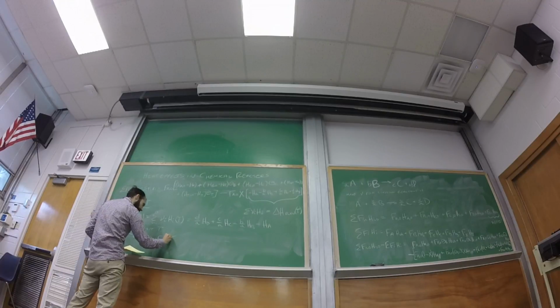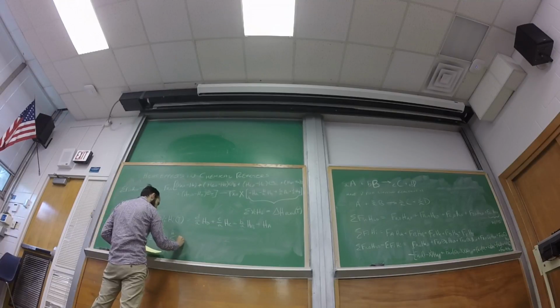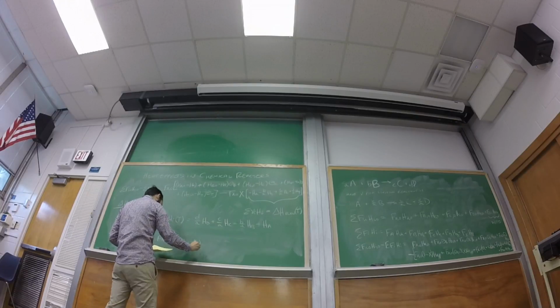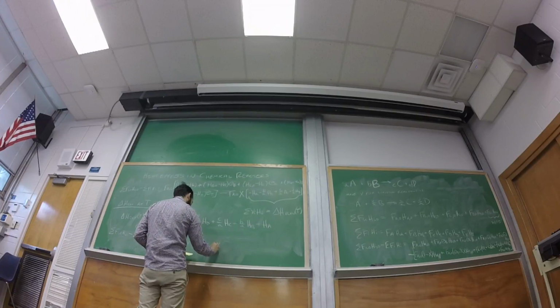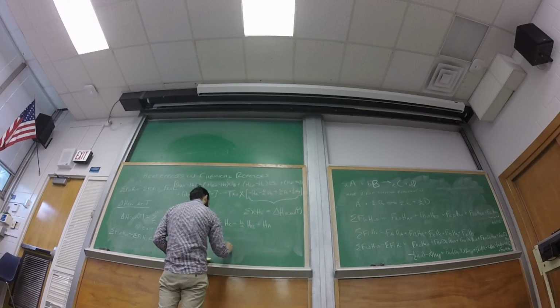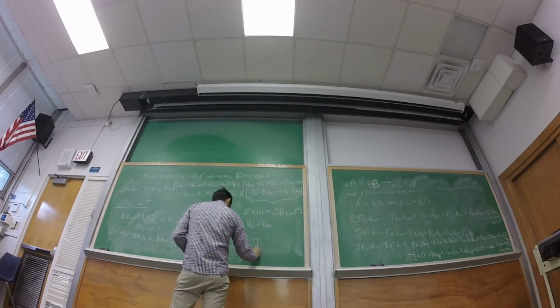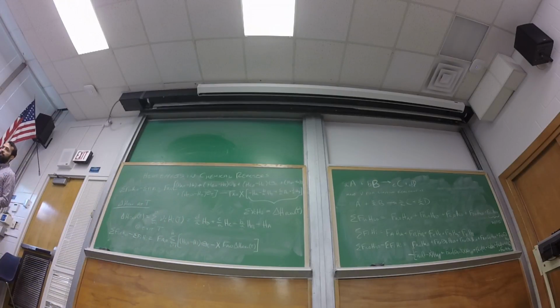FA naught times the summation across all species, the difference between the inlet and exit enthalpies, times theta I, minus, this is all still within the summations, the conversion times the inlet flow rate of A times the delta H of the reaction at that temperature. And again, what temperature? Exit, not the inlet.